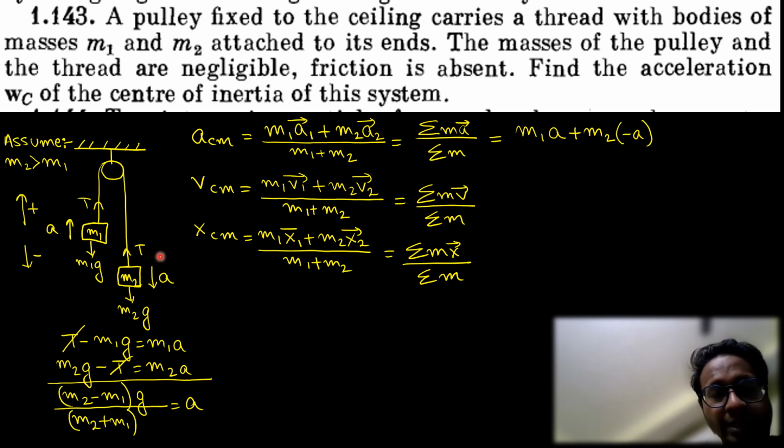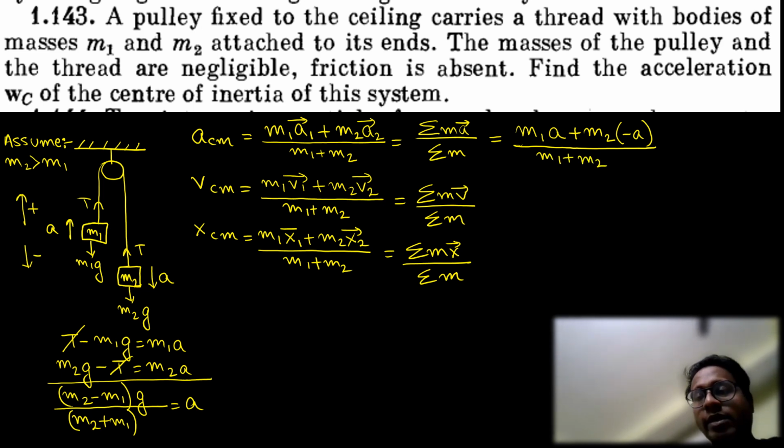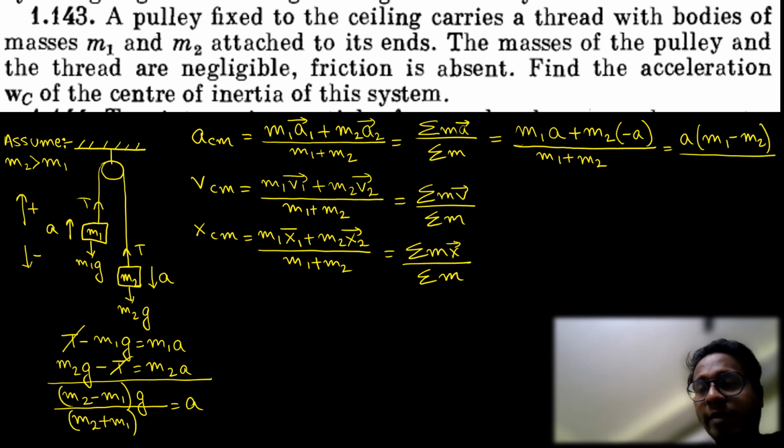It is in the downward direction, but the magnitude is given by this value, divided by m1 plus m2. If you reorganize and take the acceleration common, it would be (m1 minus m2) divided by (m1 plus m2).